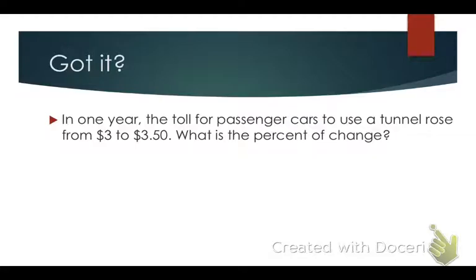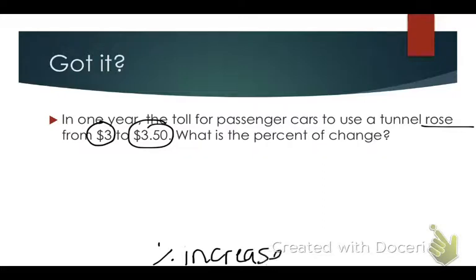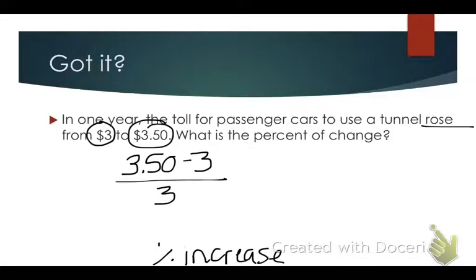In 1 year, the toll for passenger cars to use a tunnel rose from $3 to $3.50. Even that word rose already tells me that I am dealing with a percent of increase from 3 to 3.50. So I'm going to be subtracting 3.50 minus 3 and dividing by that original amount of $3.